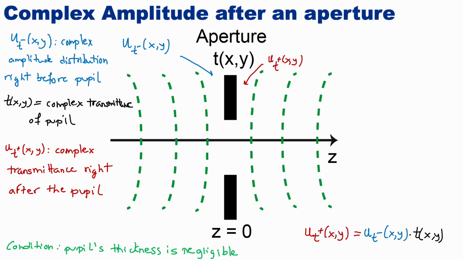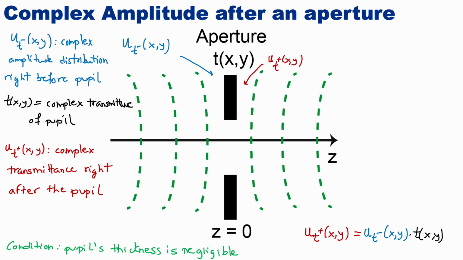So when we are in Fourier optics, it's really important to identify where we have an aperture or a pupil or a mask, and then we always need to treat it as independent.